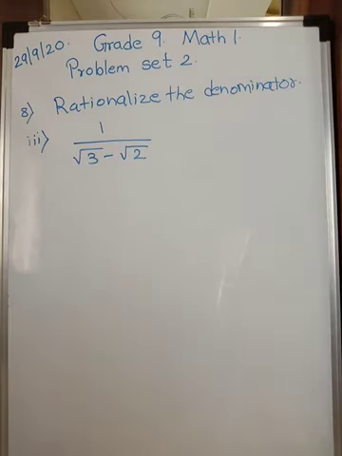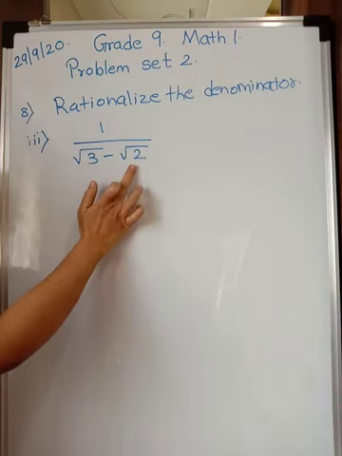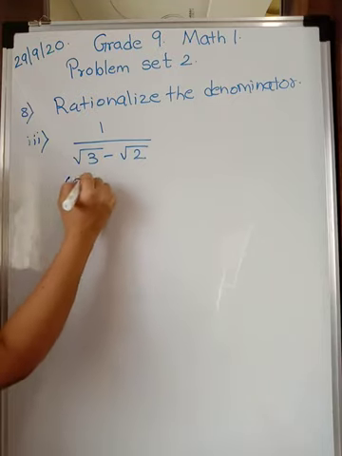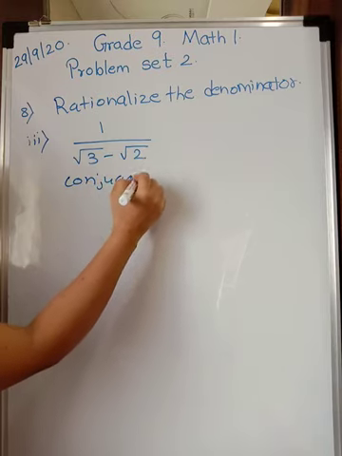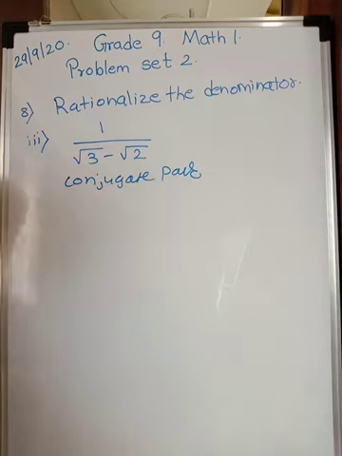Now see students, in this case to rationalize the denominator, you can see the denominator is a binomial surd. So in case of a binomial surd, do you remember we have to multiply with a conjugate pair. So what is the conjugate pair? The conjugate pair of root 3 minus root 2 is nothing but root 3 plus root 2.